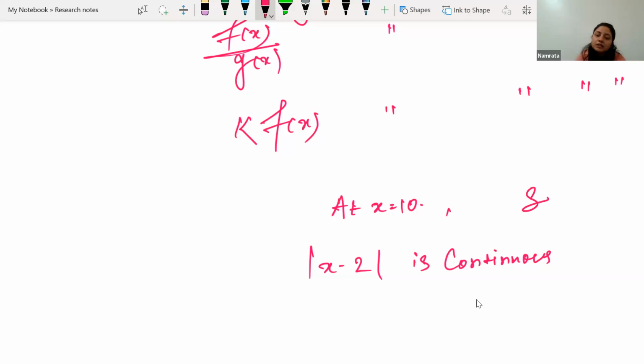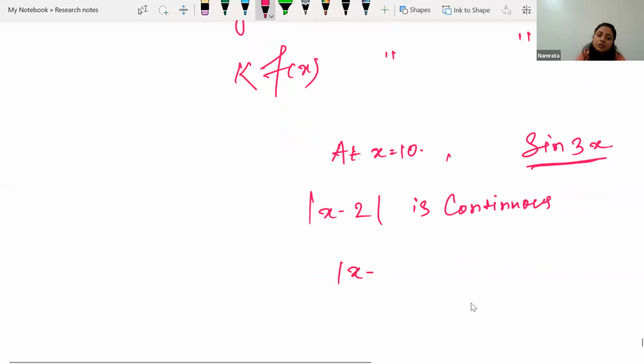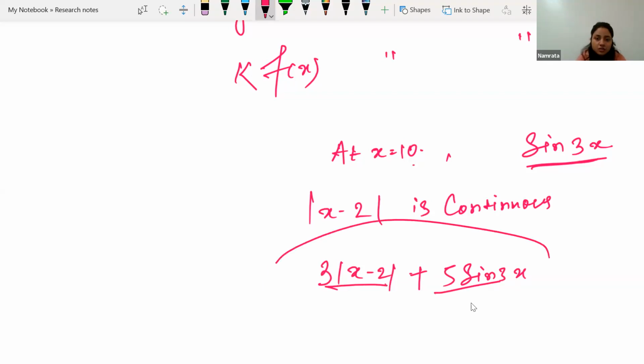Suppose we have sine of 3x. At x equals 10, this is also continuous, we know. So we can say that 3 times modulus of x minus 2 will also be continuous at x equals 10, plus 5 times sine 3x will also be continuous, and the sum of both together will be continuous at x equals 10.